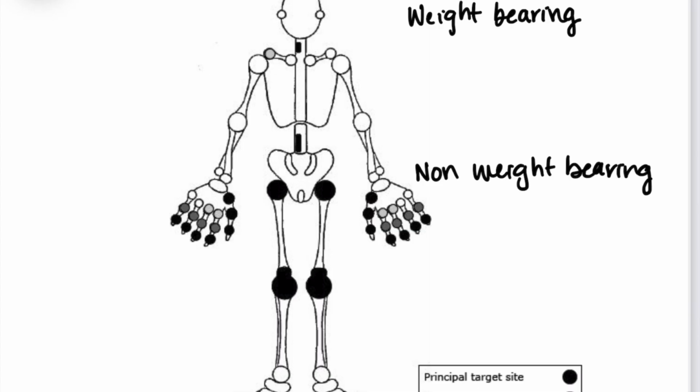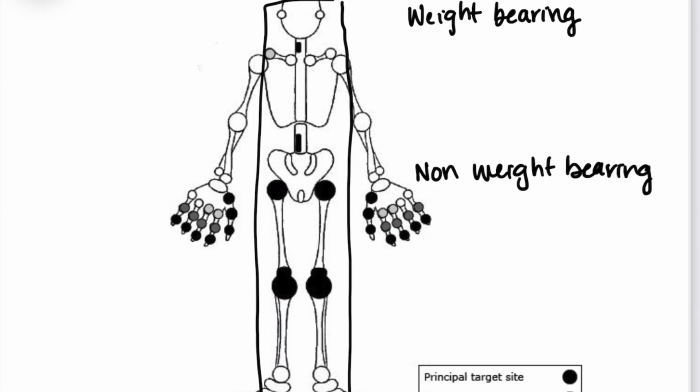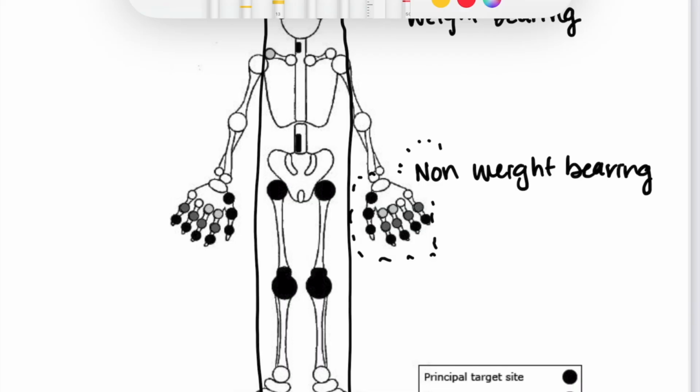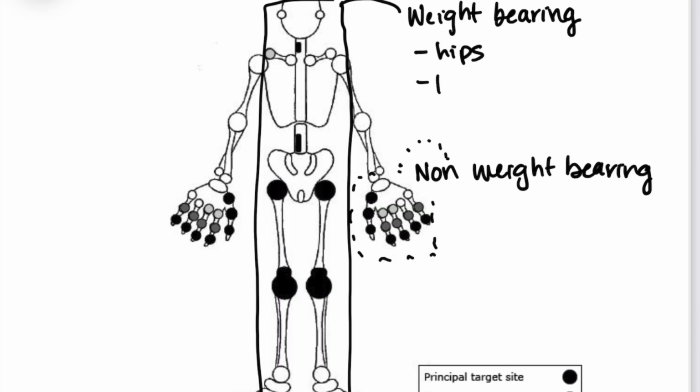Those weight-bearing joints are kind of in the middle here, and the non-weight-bearing ones being in the hands. So what are some of the weight-bearing joints that we think of? Very commonly, hips and knees, but patients will also complain of pain in their cervical spine and lumbar spine.